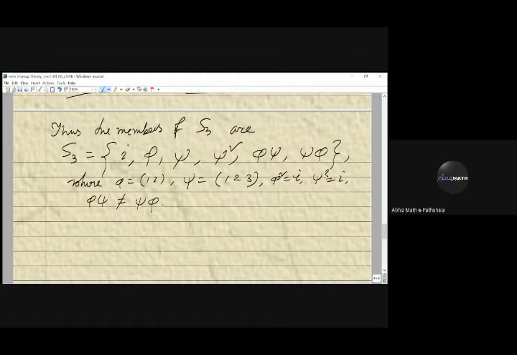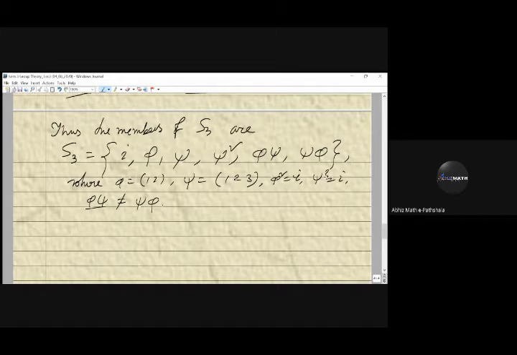Okay. So in this way, you have generated all the elements of S3, symmetric group of order 3, and you have an observation that for these two elements phi and psi, you see that phi compose psi will not be equal to psi compose phi.